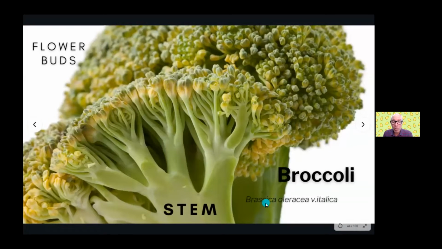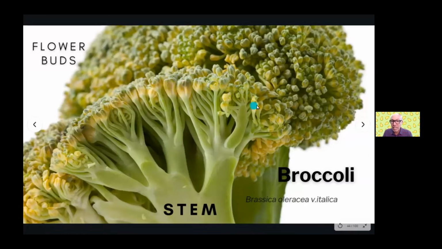Sticking with our poor old Brassica oleracea, here we have a selection for the flowering stalk, only it's been allowed to push forth a little bit beyond the cauliflower stage. The stem has elongated a bit more naturally, and this plant has actually gone into the initiation of the flower buds. And what we eat on the top of the little trees are the developing flower buds.